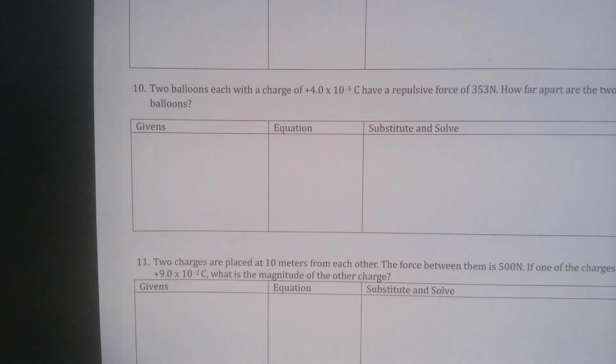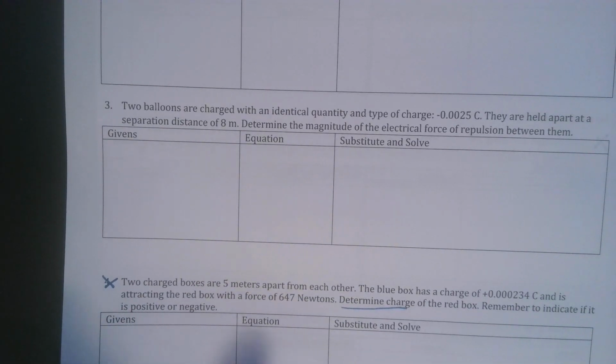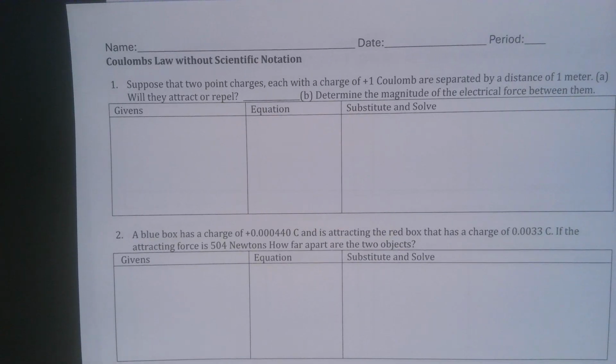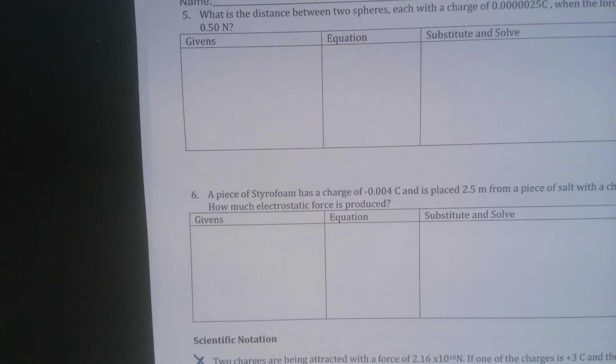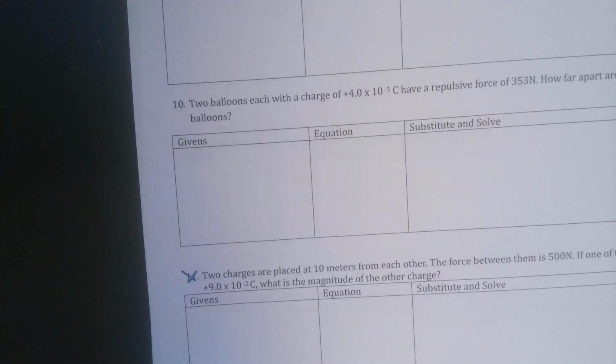And I'm not going to have you do 11 here either. So you can cross these problems out. You can cross out problem 4 on scientific notation where we have to determine the charge. You also don't have to do question 7 on the back with the scientific notation, and you don't have to do problem number 11. The rest of the problems you need to make sure you have done.